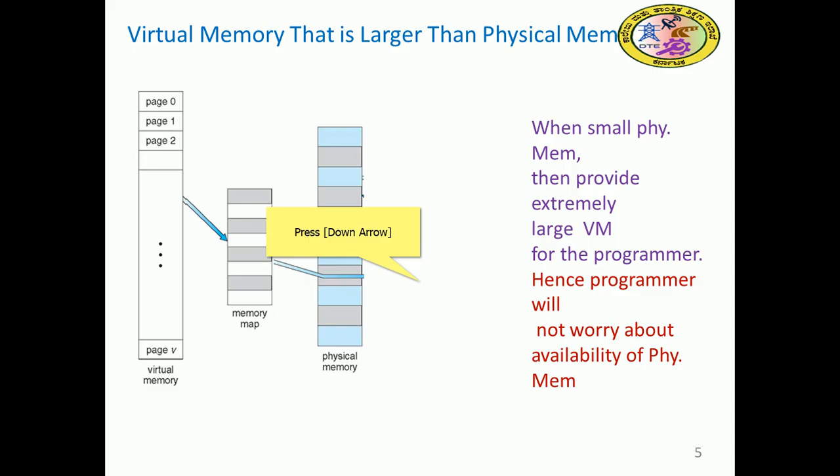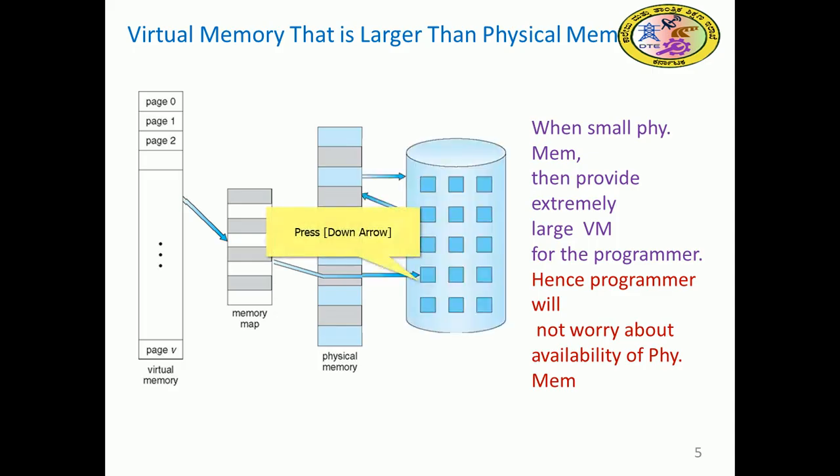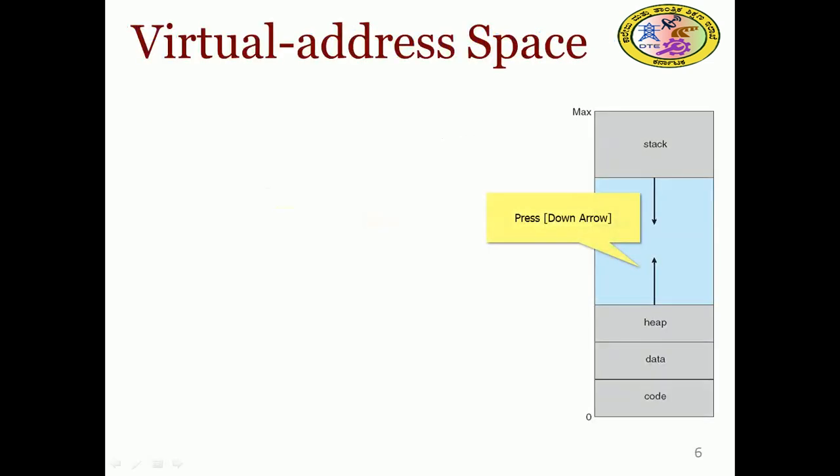Like that, they are placed in physical memory, and the rest is put in the backing store. That is why virtual memory looks larger compared to the physical memory.